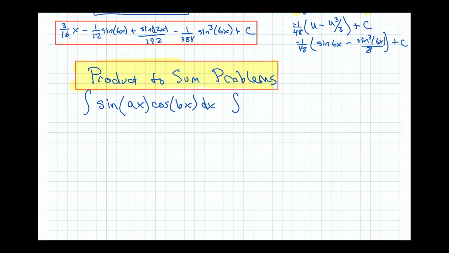Or you could even have sine ax sine bx. Or you could have cosine ax cosine bx, which is what we didn't do, right?